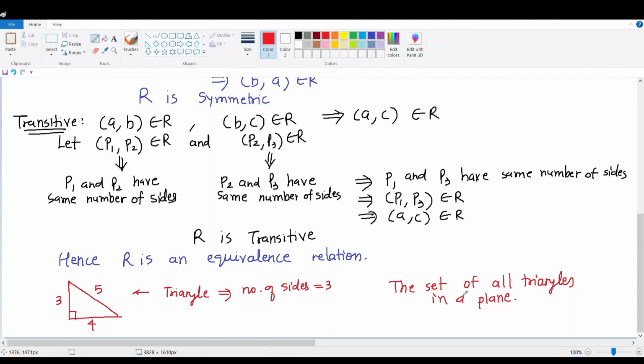Why? Because they will have same number of sides. Because any triangle, even though it's a right triangle, it's an equilateral triangle, it's a scalene triangle, it's an isosceles triangle, any triangle, acute, obtuse, every triangle will have number of sides equals 3. So of course all those triangles in that plane are going to be related to this triangle.